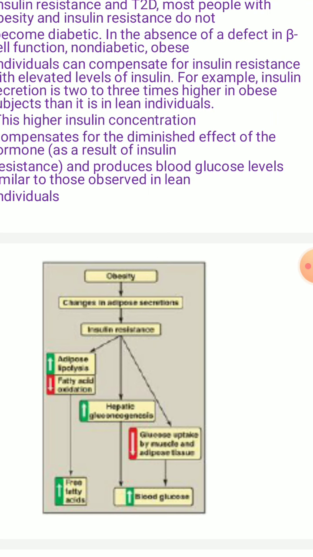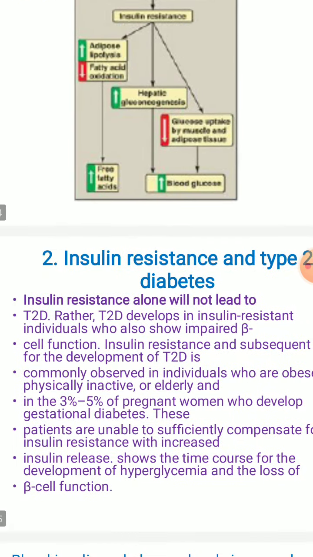Free fatty acids will be released because of lipolysis, and you can also make out hepatic gluconeogenesis for the production of more glucose, which is taken up by the adipose tissues and the muscles, and the blood glucose level will be similar to that of lean individuals, which we can observe in an obese, insulin resistant person. Both things happen.